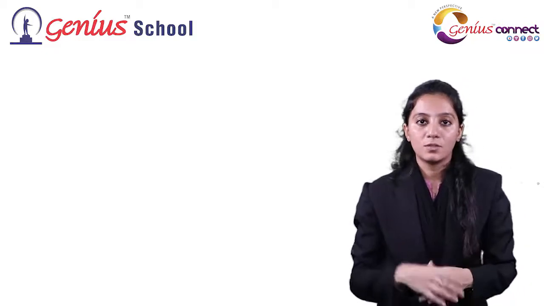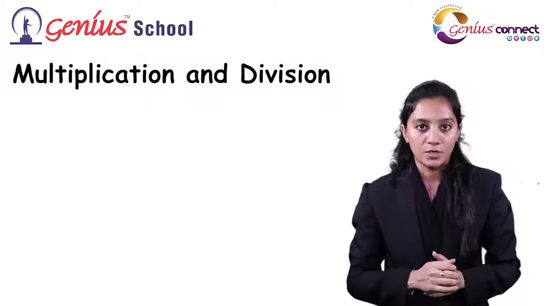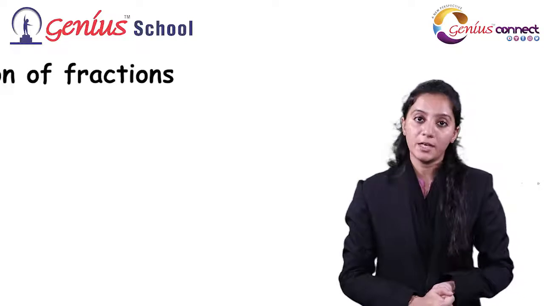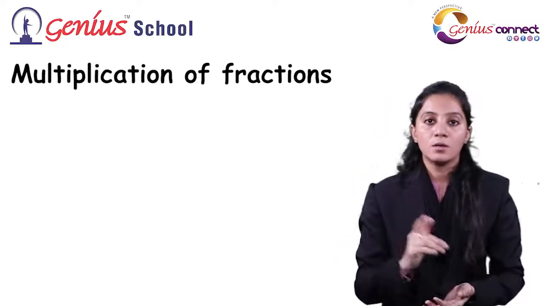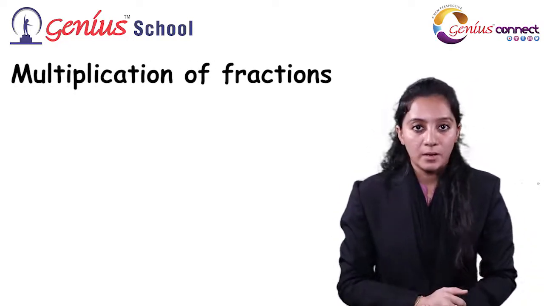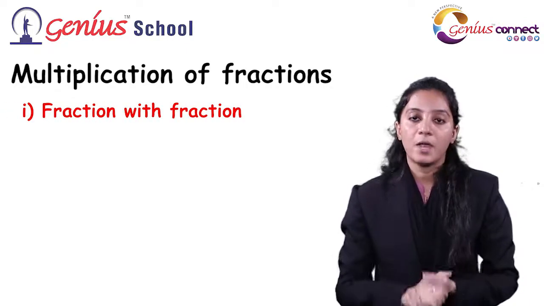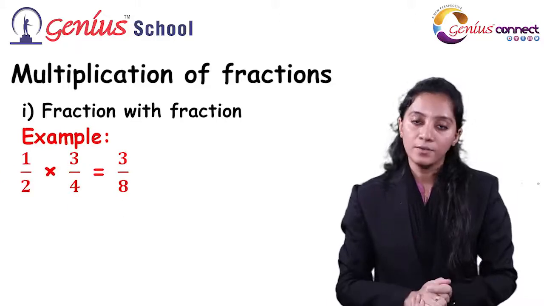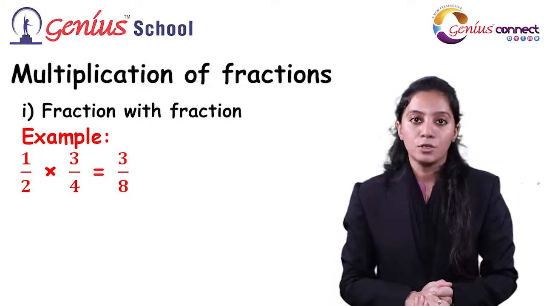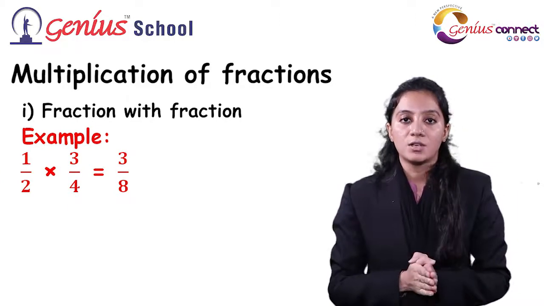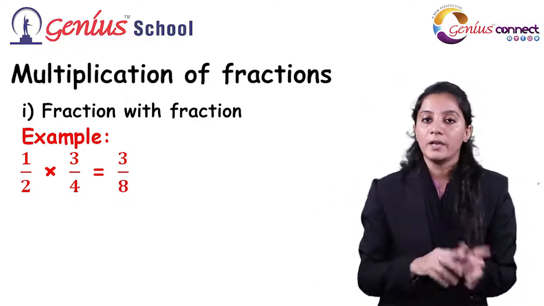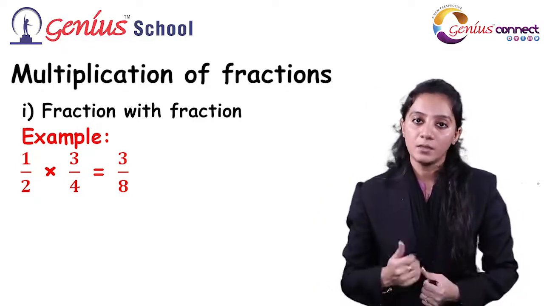Now we will move to multiplication and division of fractions. First of all, we will start with multiplication of fractions. The first example is fraction with fraction multiplication. Here I have one example: half multiplied by 3/4. In multiplication we multiply numerator with numerator and denominator with denominator.